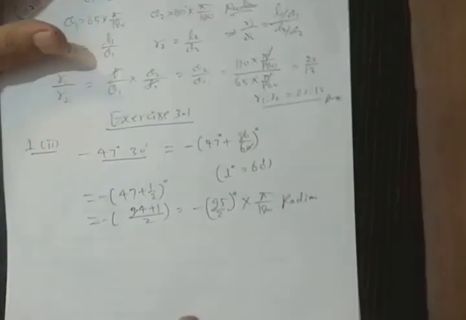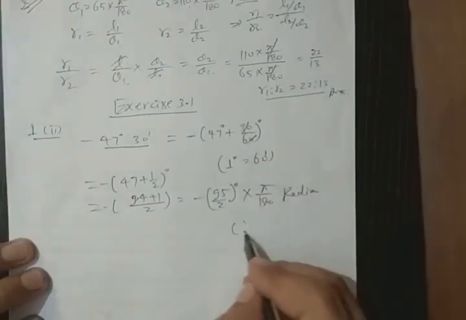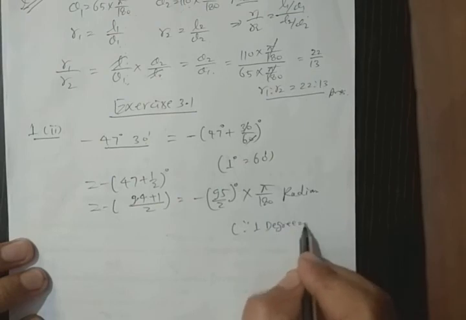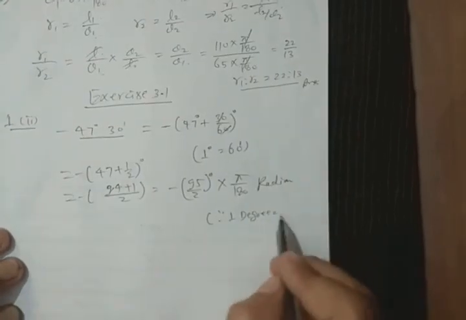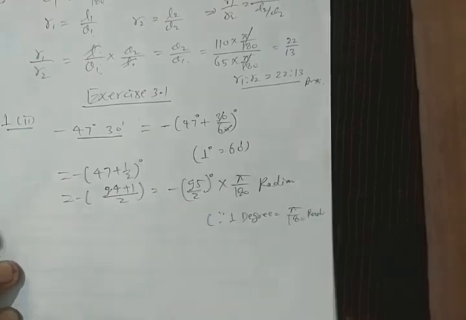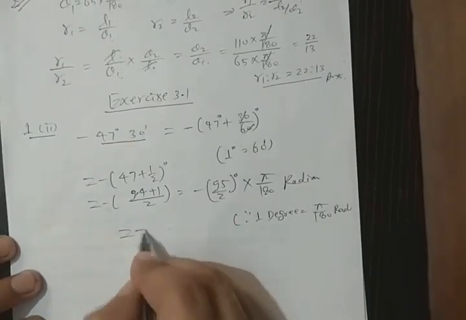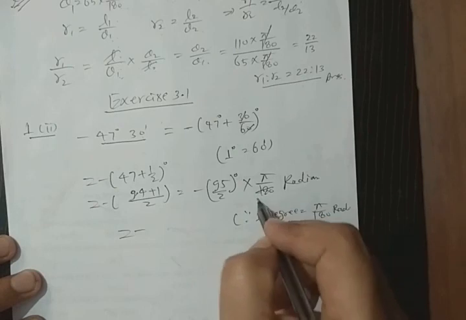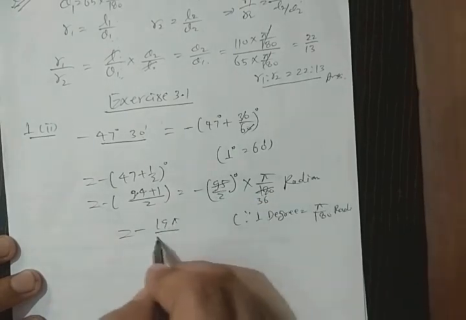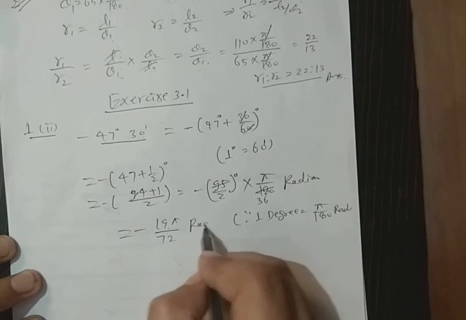Since 1 degree is equal to pi upon 180 radian. So dividing by 5, 19 pi upon 72 radian.